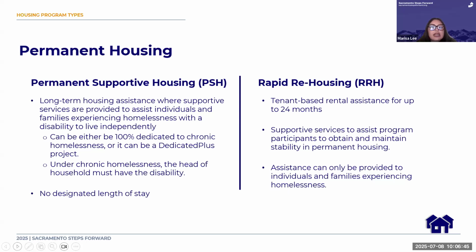Under chronic homelessness, the head of household must have the disability. Rapid rehousing, on the other hand, is tenant-based rental assistance for up to 24 months. It includes supportive services and is meant to help participants move into permanent housing. Next slide, please.